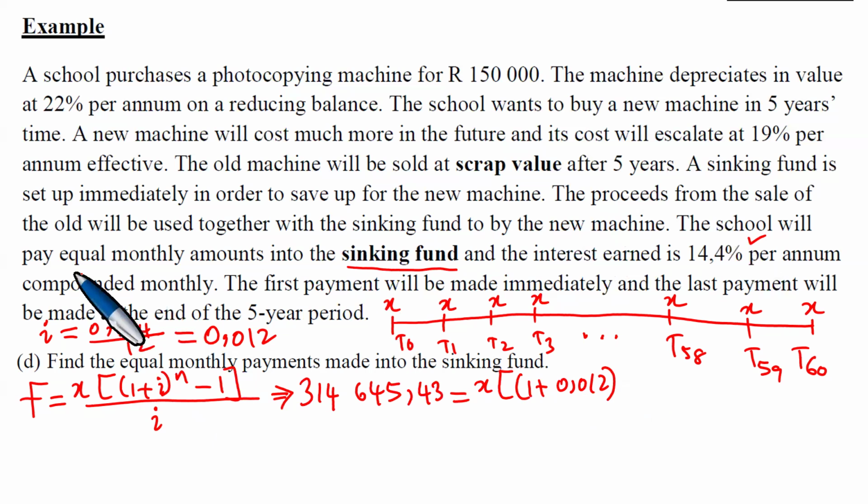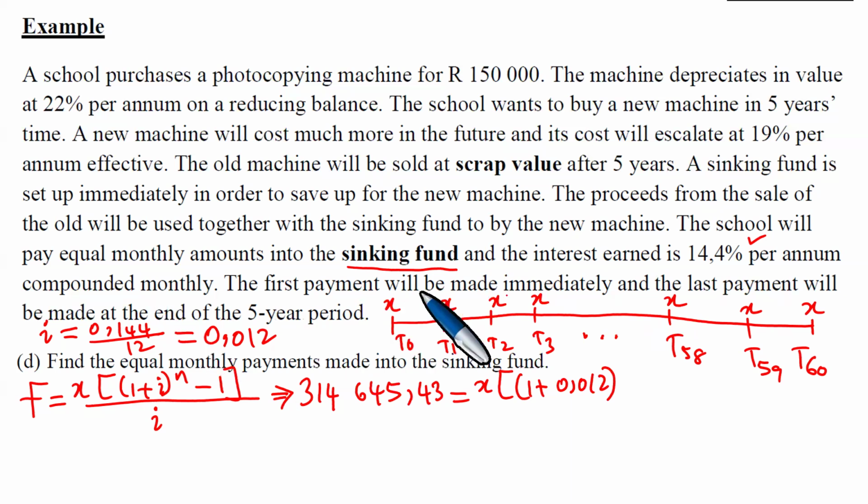The school will pay equal monthly payments into the sinking fund, and the school wants to have the money in the future, meaning the future value formula becomes the most applicable. The interest earned is 14.4% per annum, compounded monthly.